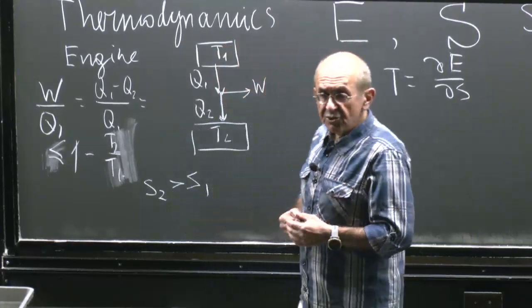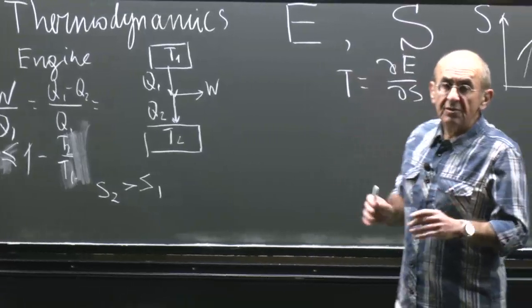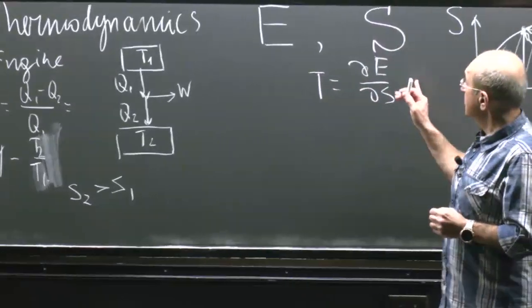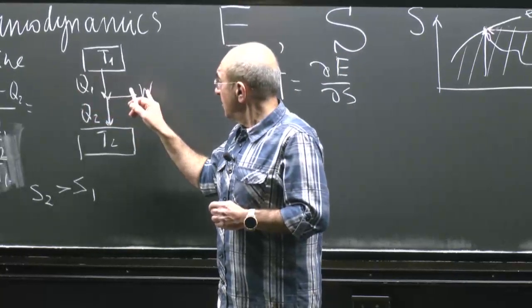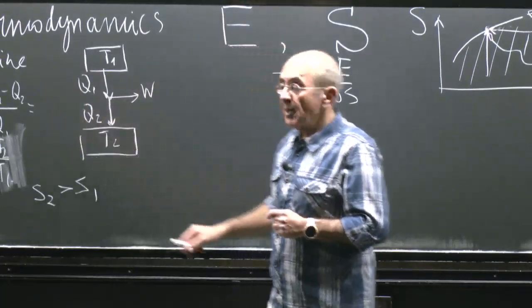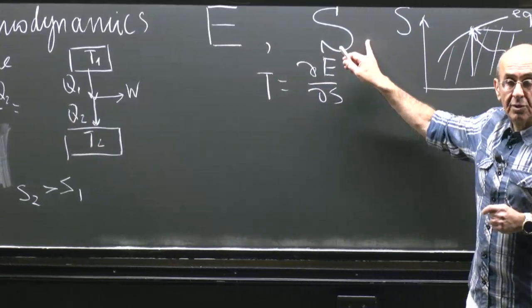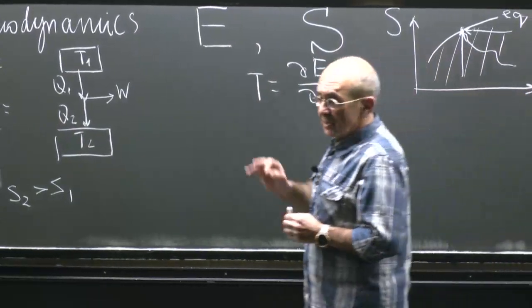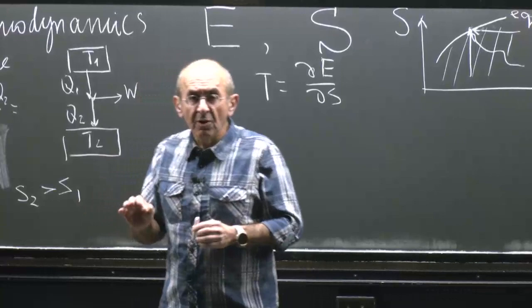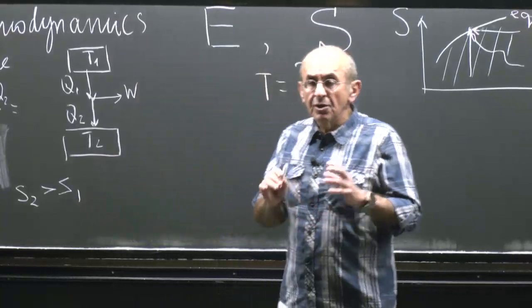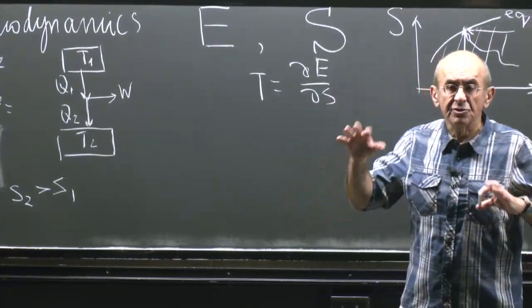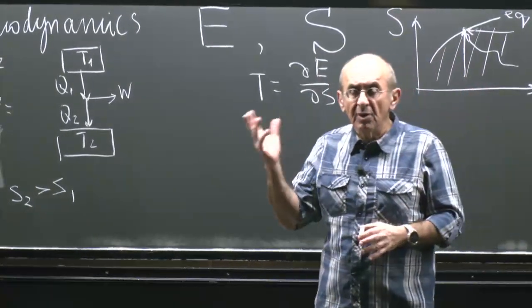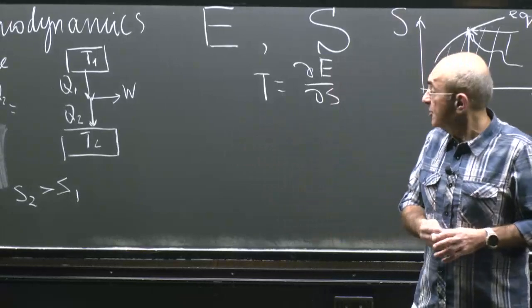But essentially, on this phenomenological level, it is just a statement that something is conserved, Q1 plus W is equal to Q2, and something grows, or is at least non-decreasing. It's a really very powerful framework in which you can build your own application where what is energy is not really energy. It could be money, it could be some other biological function.